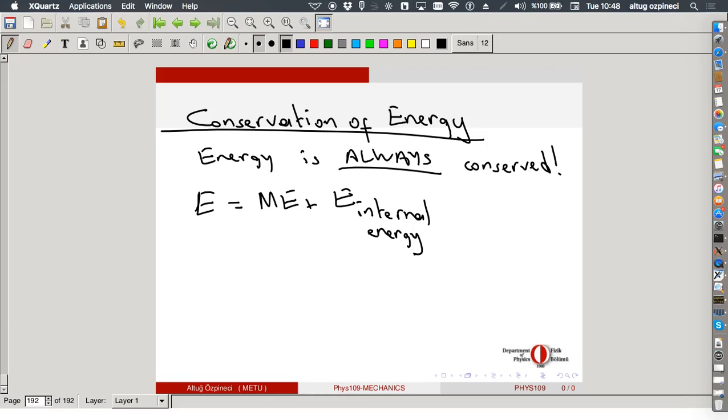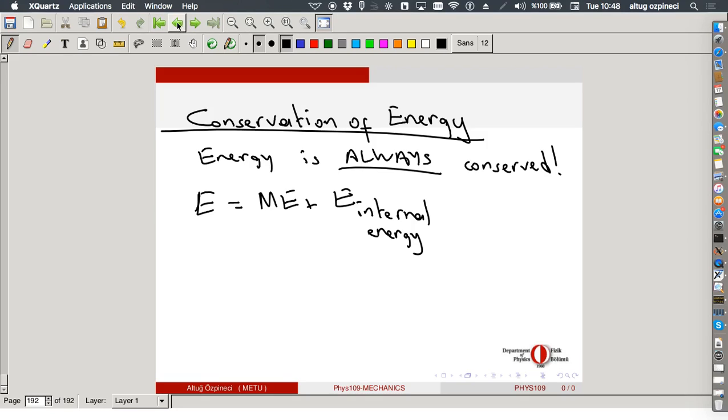This internal energy, well, at least heat is part of this internal energy of my system. And due to this friction force, the mechanical energy changes, which just means that it is converted into internal energy of the system, the heat.